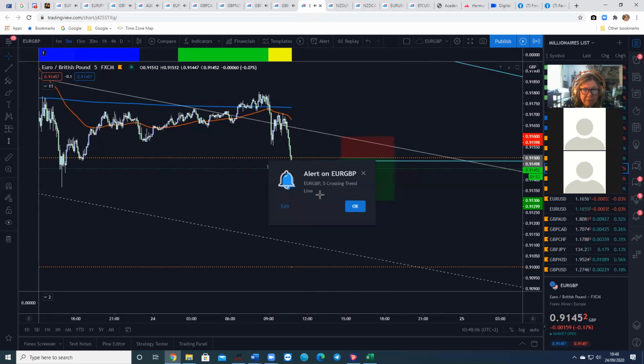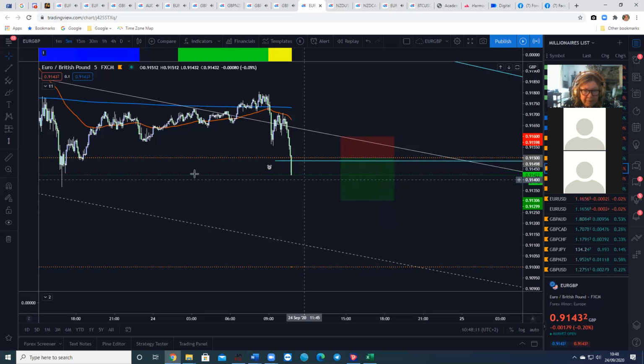Okay, they're all going off again now. I want to look at GBPAUD next. So I'm waiting for that to come up and set that alarm off before we look at getting into that.